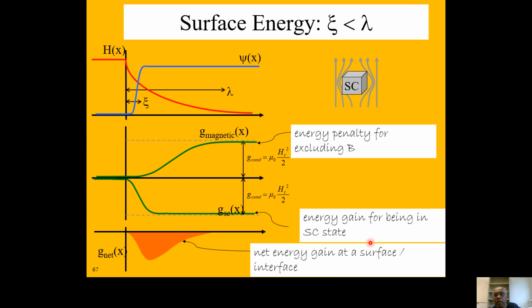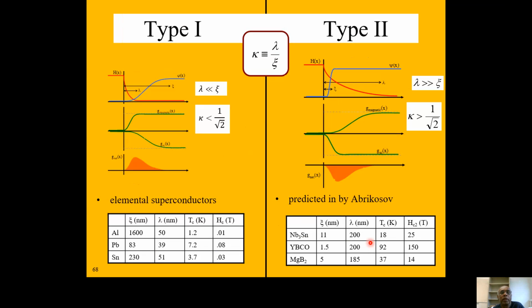That's the reason why we have type 1 and type 2 superconductors. In one case you have a net energy penalty, which is when lambda is much smaller than your coherence length.